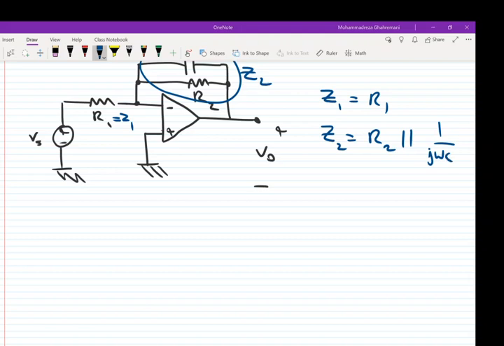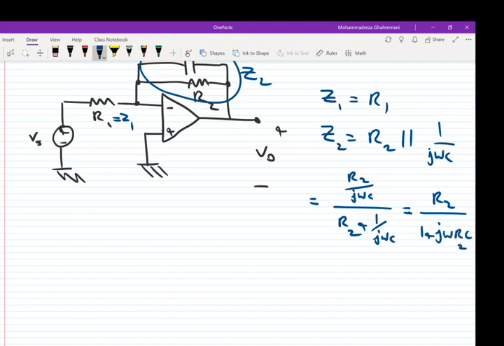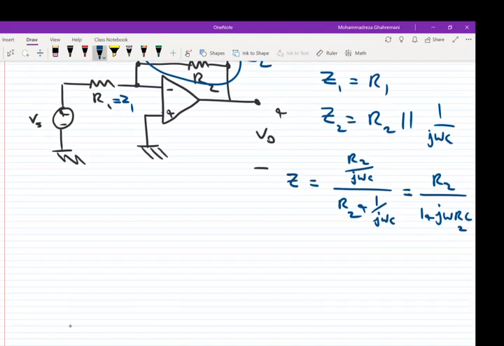Let's find it out. It's equal to R2 times 1 over j omega c, over R2 plus 1 over j omega c, which is equal to R2 over 1 plus j omega R2c. So this one is Z2.